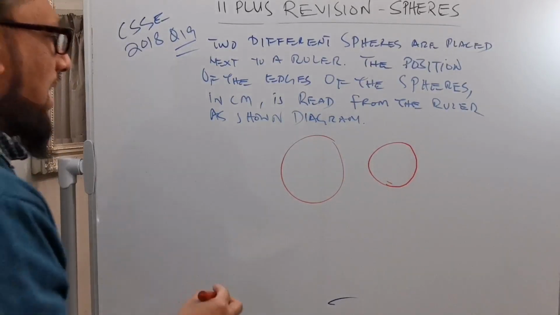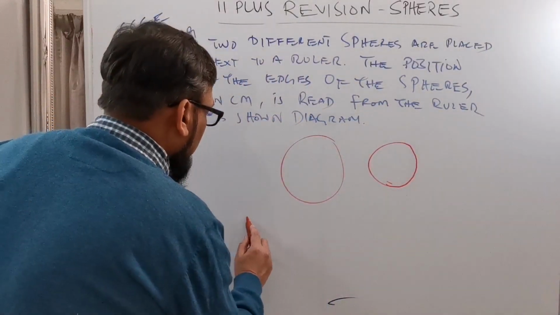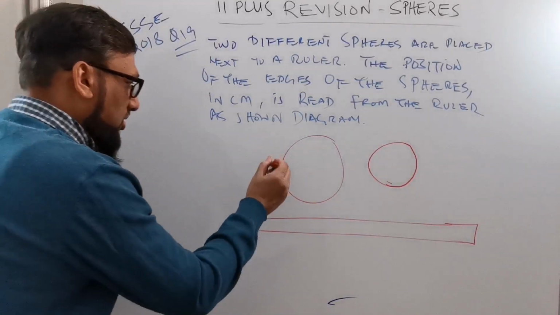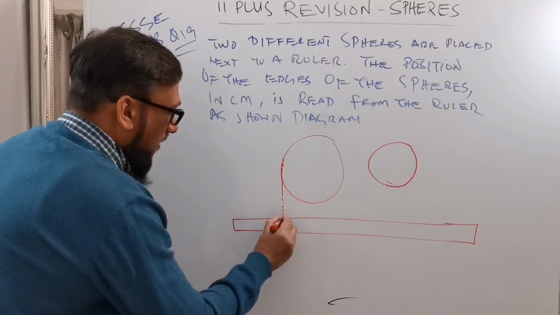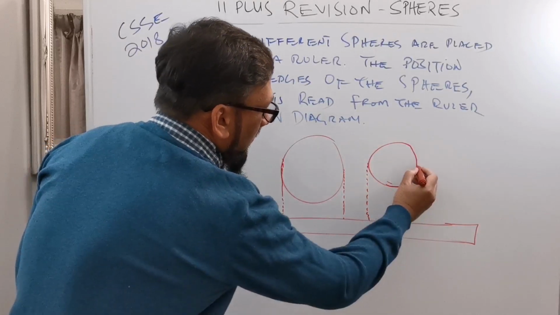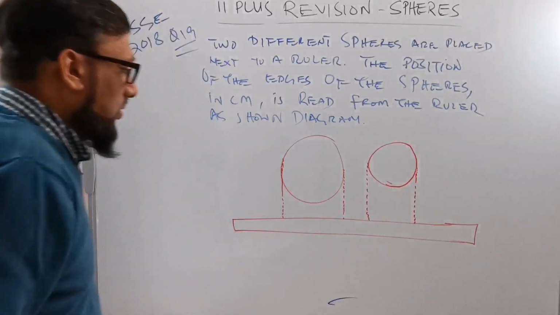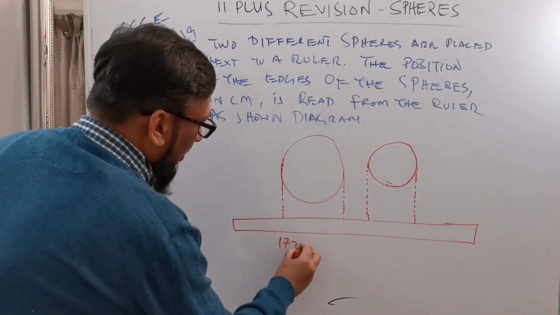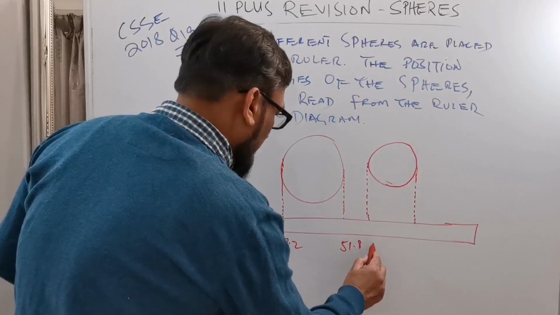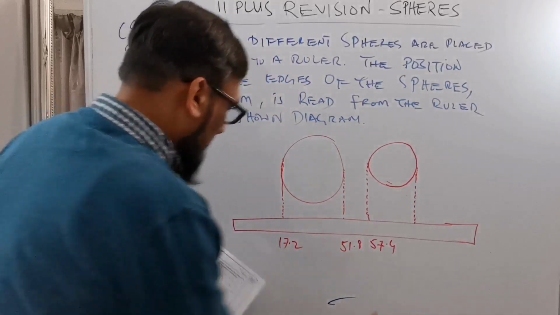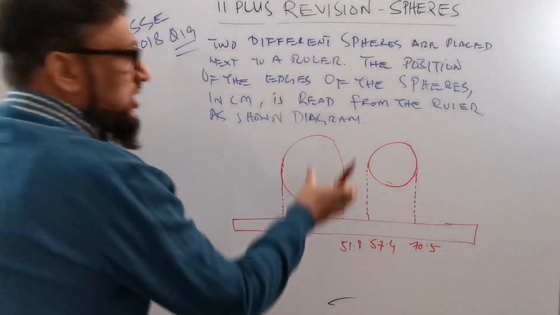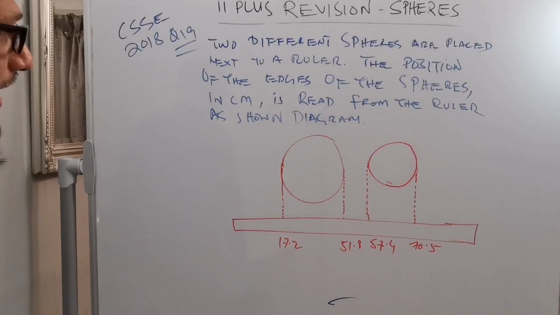They are next to the ruler, and the scale readings are 17.2, 51.8, 57.4, and 70.5, from left to right.